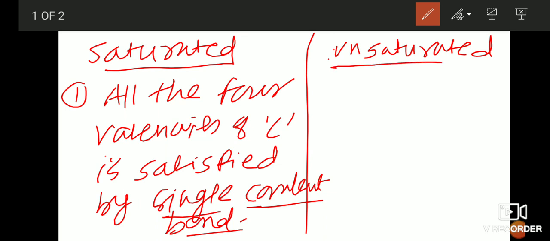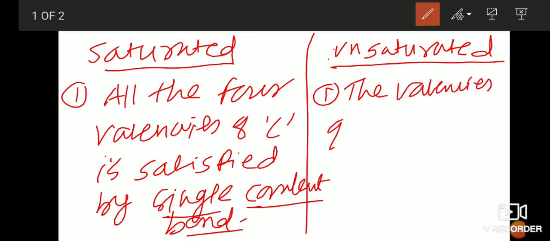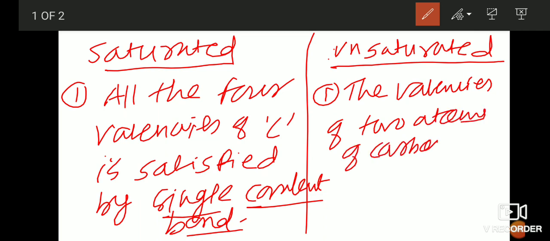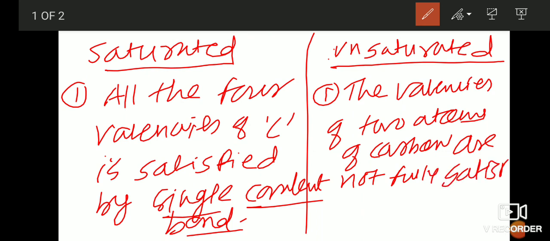Now in the unsaturated compound, the valencies of two atoms of the carbon are not fully satisfied by hydrogen.